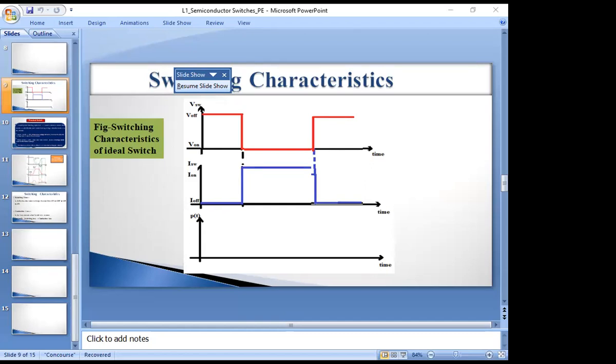So can we draw the characteristics of the switch like this? Easy to draw, right? Okay, these things we have discussed. Is it right? What we discussed is this, right? Clear?